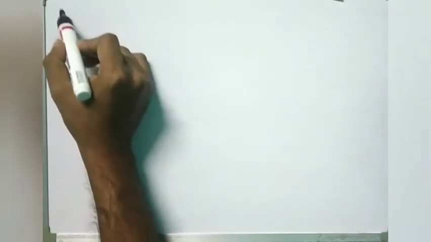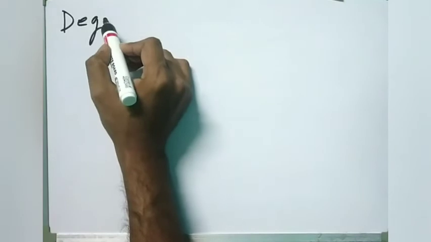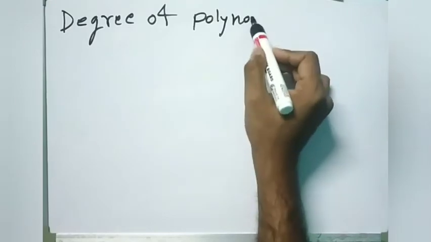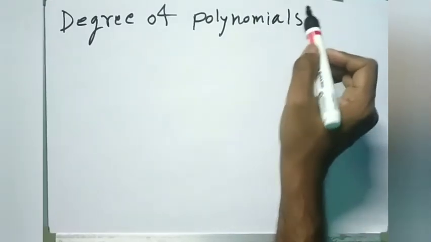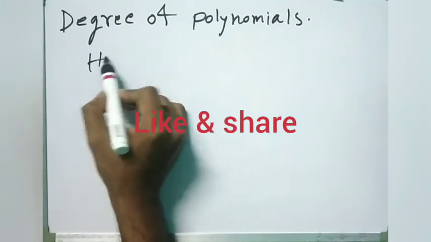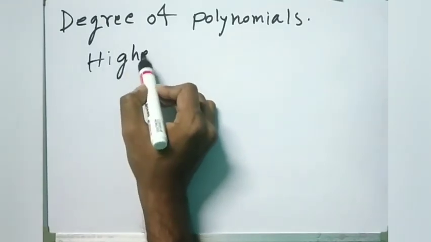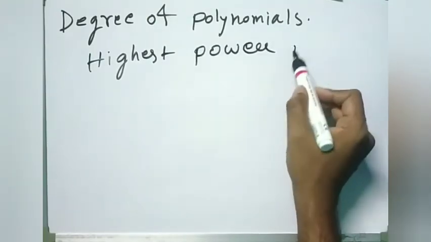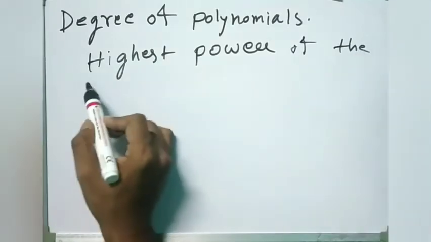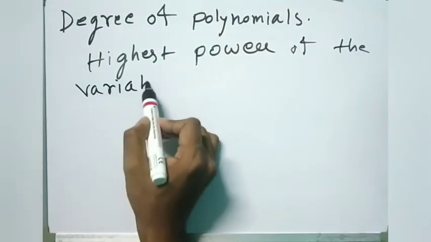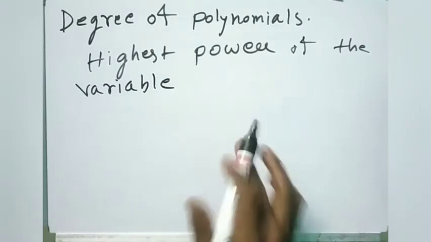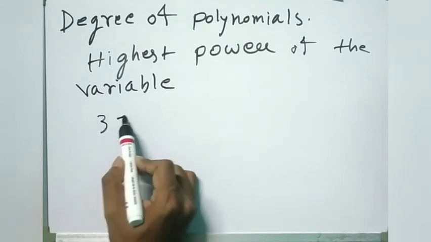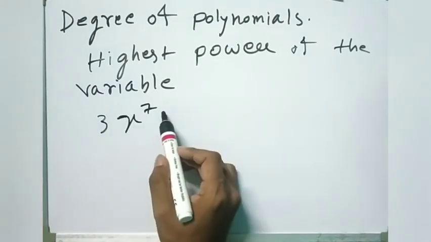Now, degree of a polynomial. The highest power of the variable is called the degree of the polynomial. Suppose this is a polynomial expression.